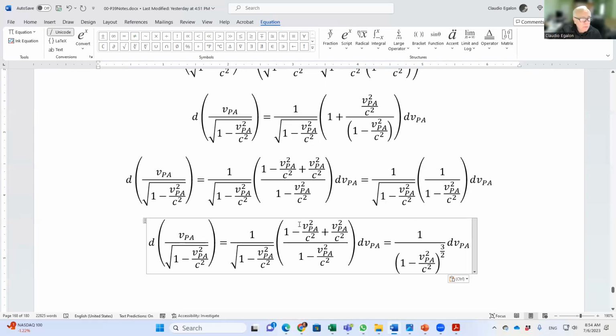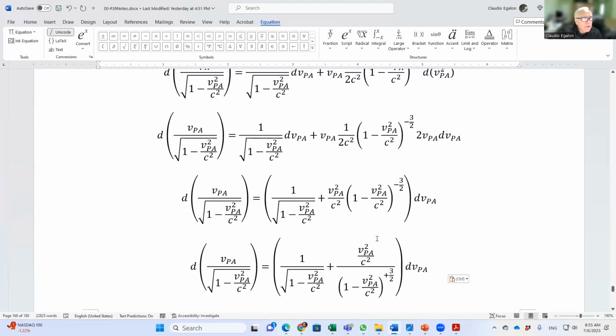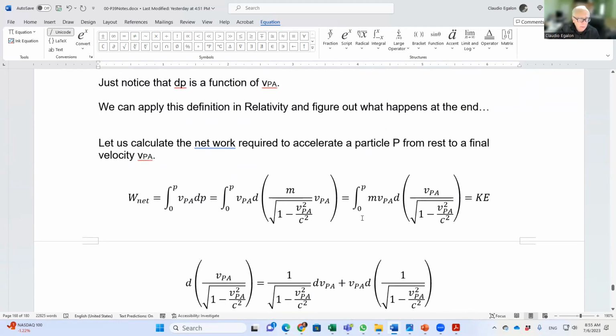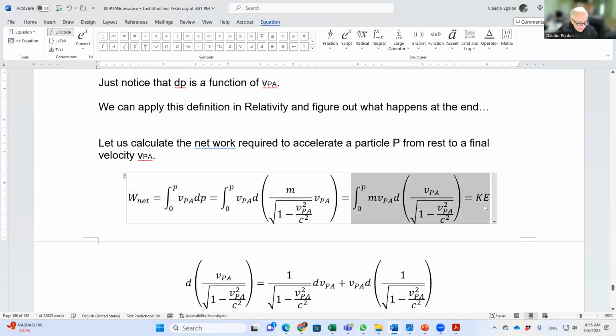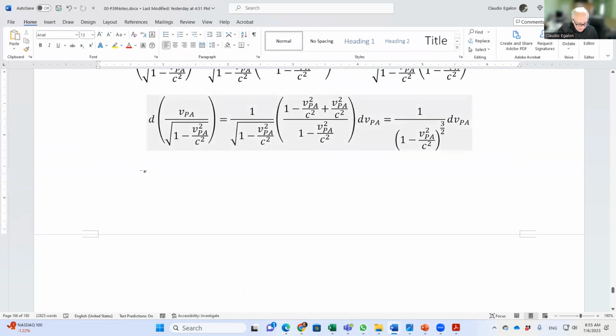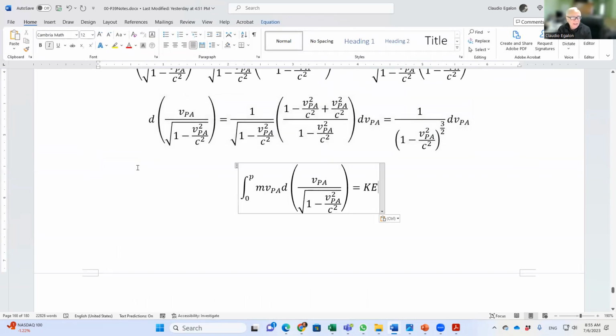Don't forget that it's not the momentum yet. It's just the, let's see, going back here, right in here. Like that. Is this term right in here.